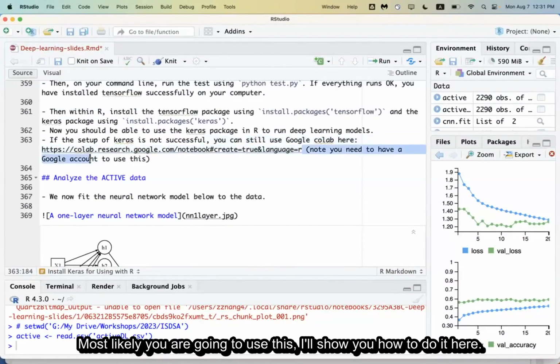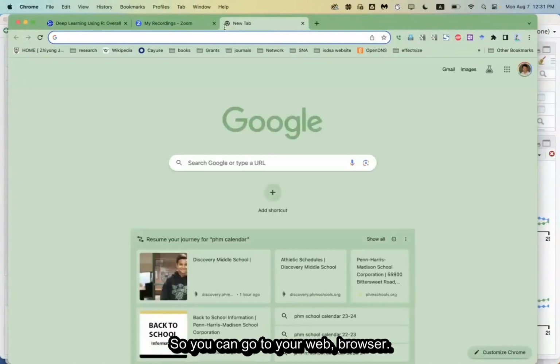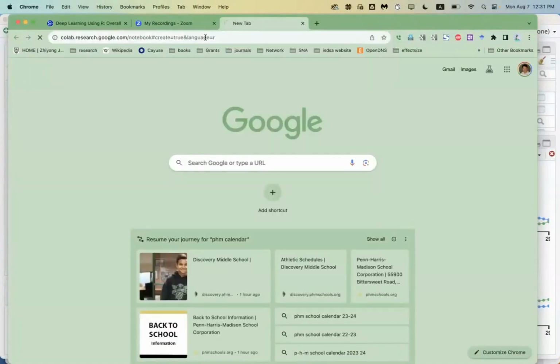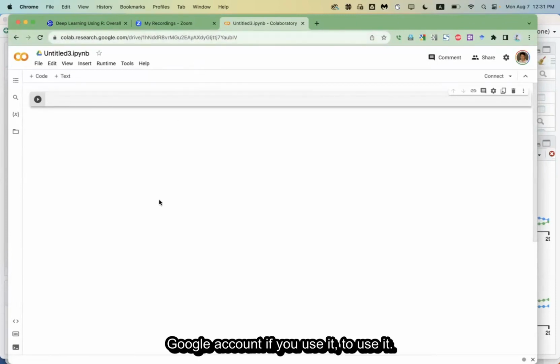Since most likely you are going to use this, I'll show you how to do it here. So you can open your web browser and then input the link. It will need you to have a Google account to use it.